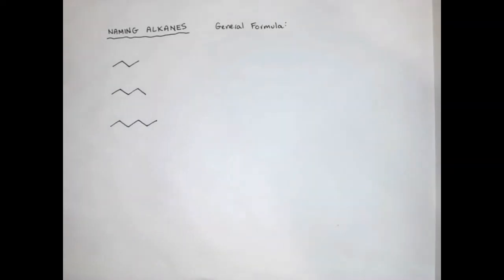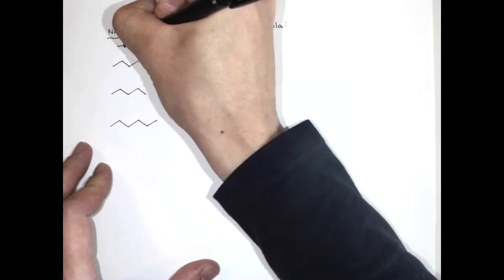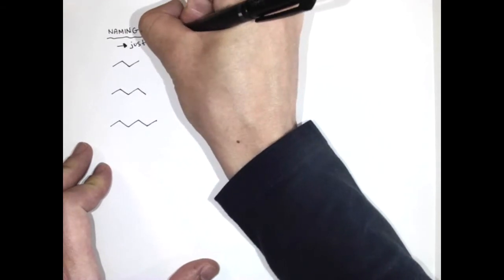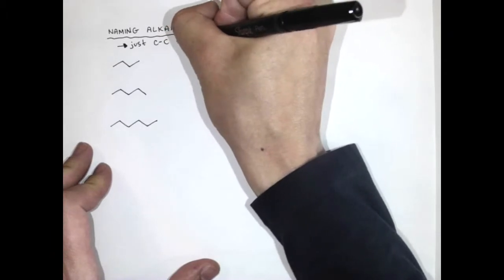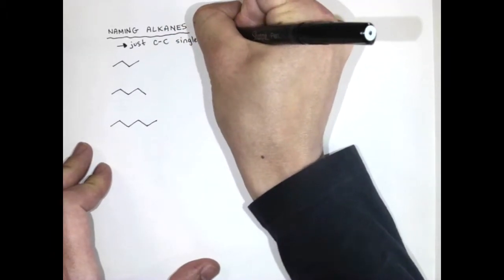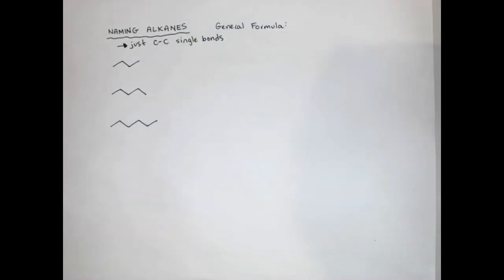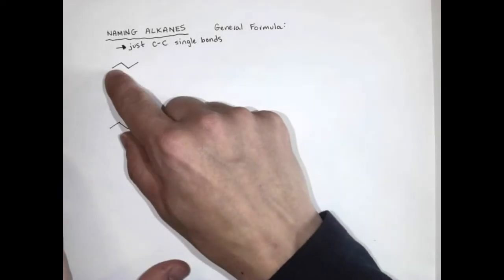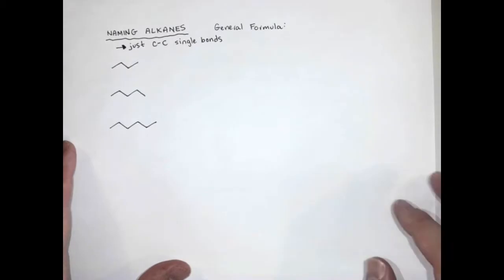The important thing with alkanes is that an alkane is a hydrocarbon with just carbon-carbon single bonds. We only have carbon-carbon single bonds, and you can see that in the line structural formulas because there's just one line between the vertices in the zigzag.